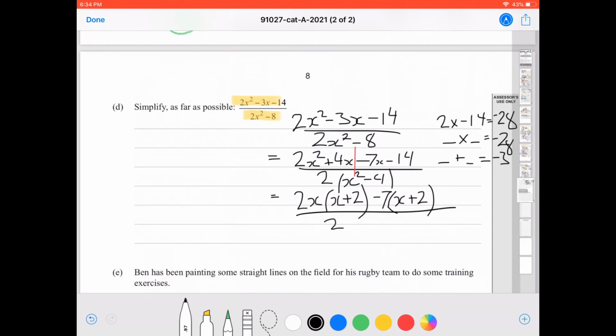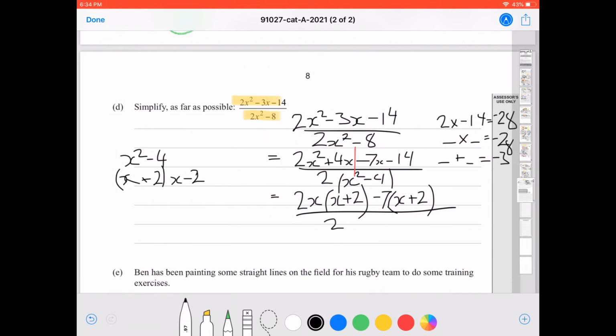And you might be inclined to forget about the denominator, but actually x squared minus 4 we can further factorize. This is a difference between squares. x squared is a square number, as is 4, and the factorized form in this case is x plus 2, x minus 2.